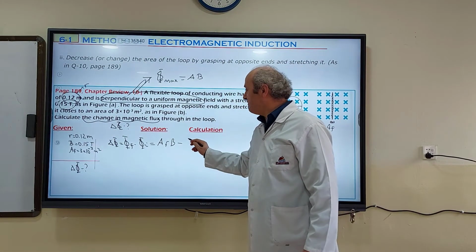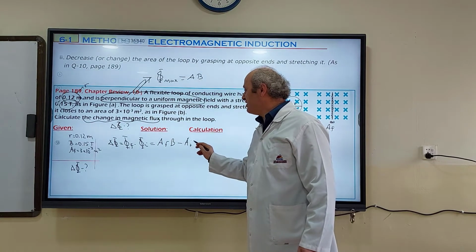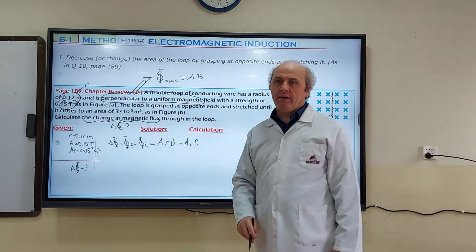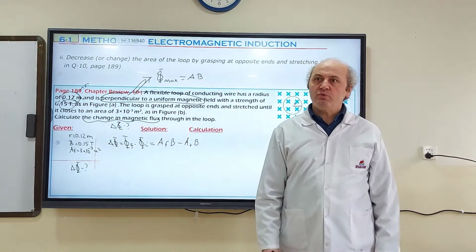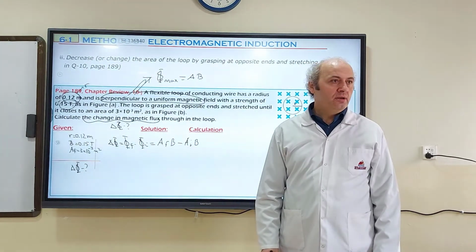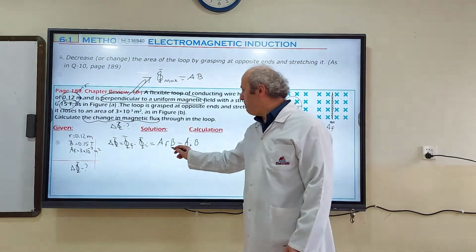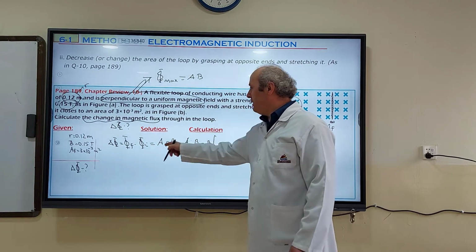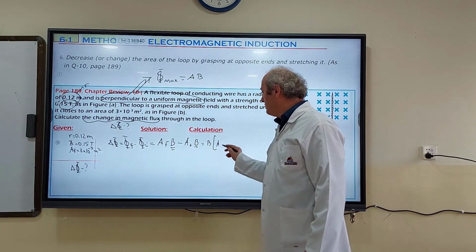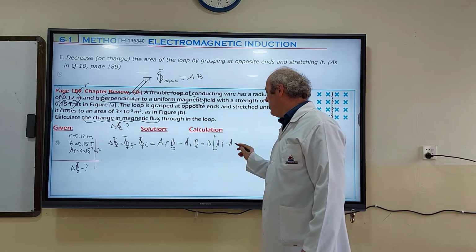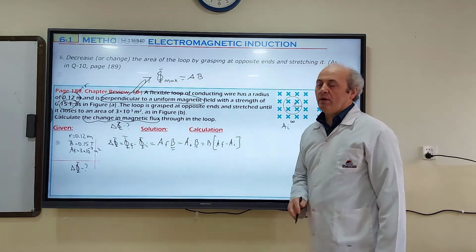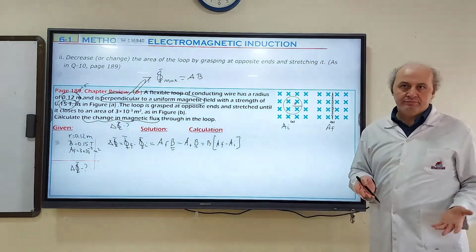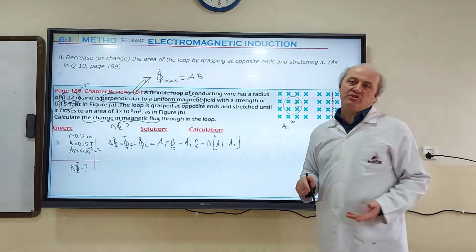Minus initial magnetic flux, initial area times magnetic field B. So for both terms, which quantity is constant? B is constant. Taking B as a common factor, B multiplied by area final minus area initial. Area final is given. I only need to calculate area initial.